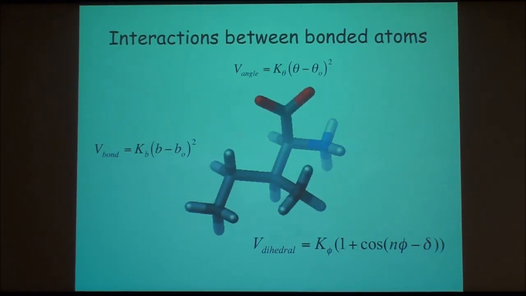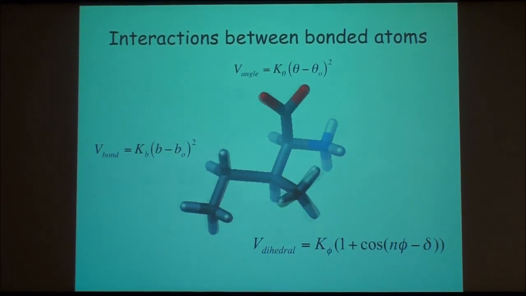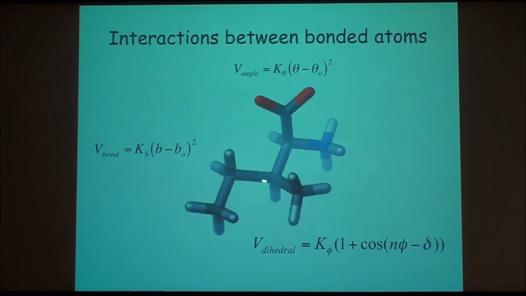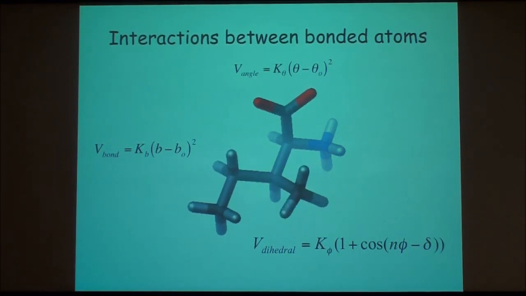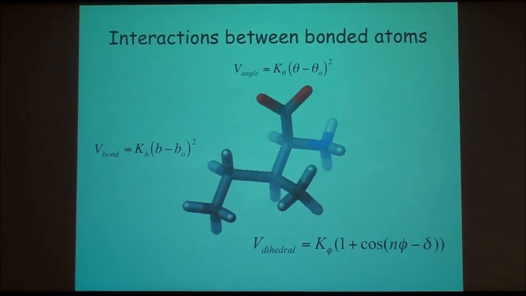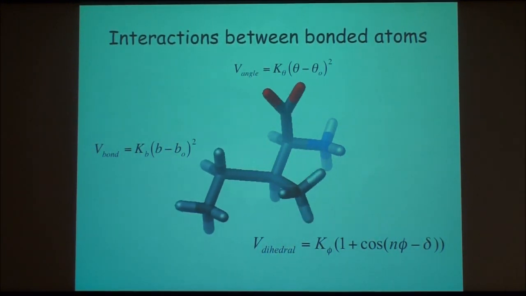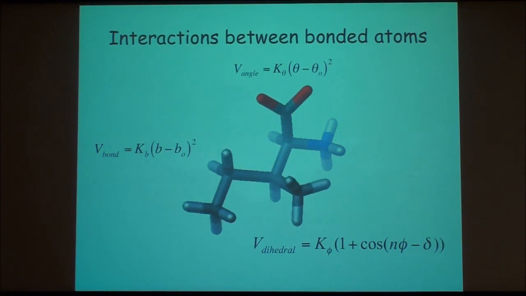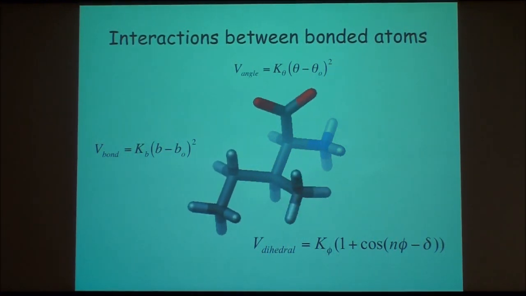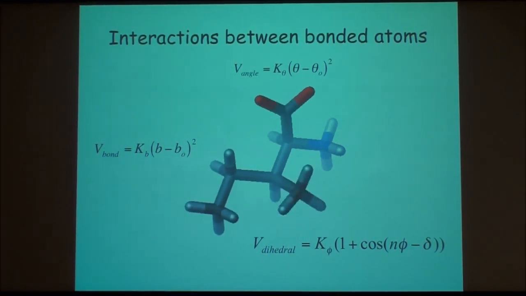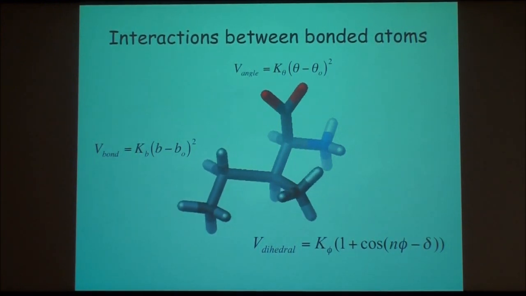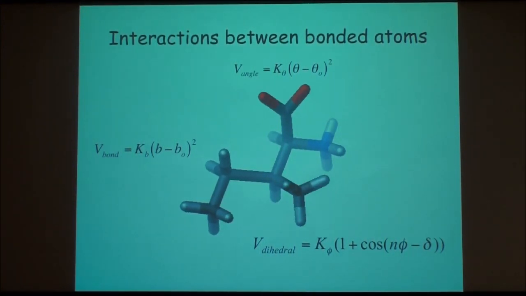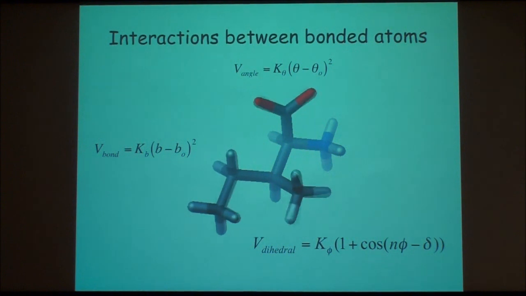So here is another approximation, for most of the calculations that we do here. You can see that this bond can stretch to infinity in principle, but it never breaks. Right? Because you have a harmonic potential, the energy just keeps going up and up, higher and higher. So that means in the classical description that we will have here, in contrast to what we had yesterday, no chemistry will take place here.